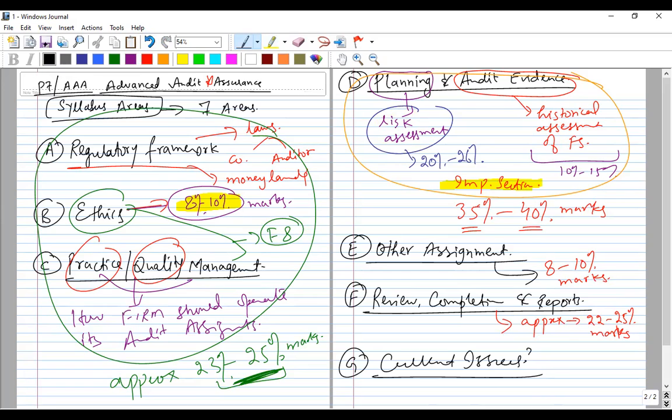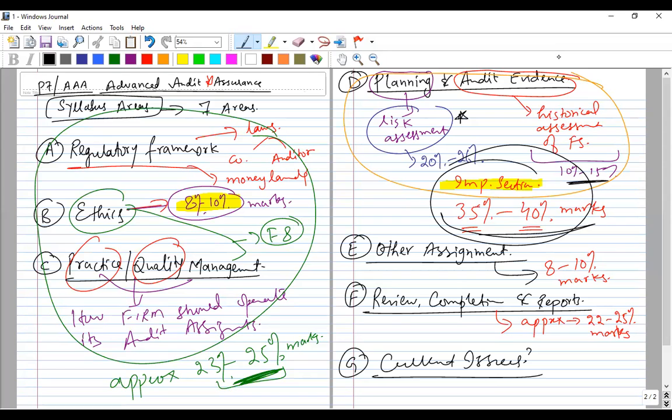Considering all these aspects, you need to focus on risk assessment, which is a very important area, and audit evidence, which is the historical assessment of financial statements, which covers 10 to 15 marks, and approximately 35 to 40 percentage of the exam paper. So now let's switch towards the detailed exam syllabus and how different it is from paper A, audit and assurance.